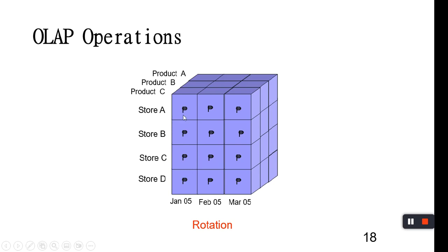But this time we rotated it and were able to see another perspective or another view of the information. That one is what we call a rotation operation, or axis rotation, or pivot.